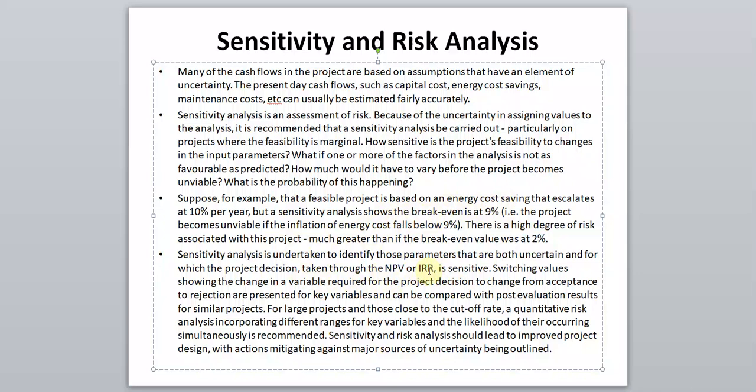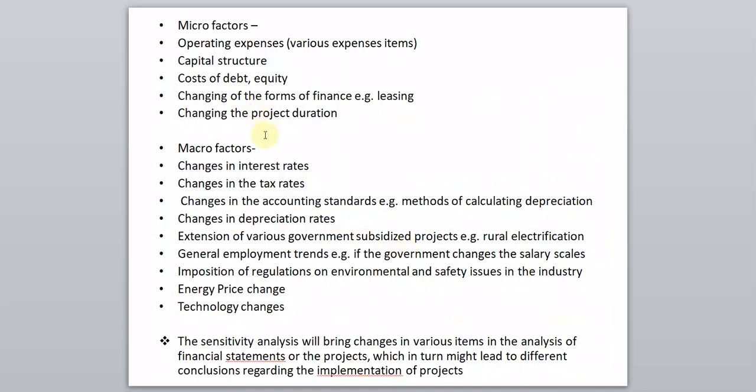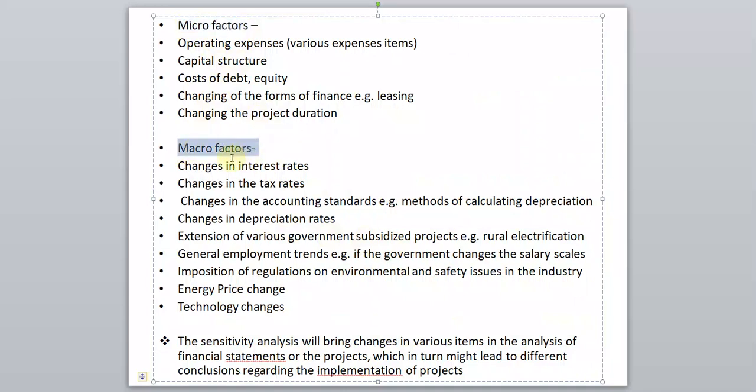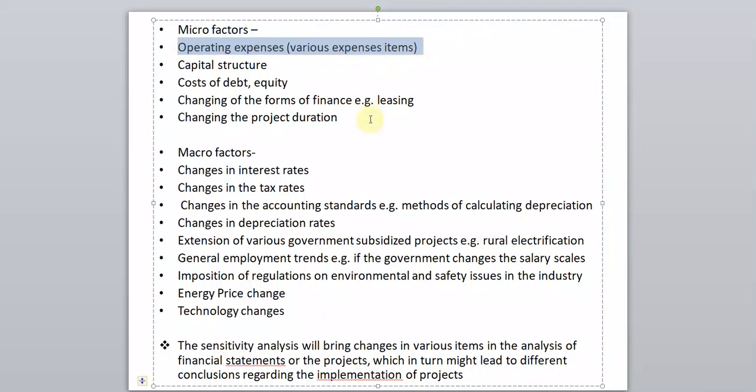Now we are going to see some micro and macro factors. There is a difference in the words micro and macro factors, which incorporate the sensitivity and risk analysis. So there are five micro factors which can alter the sensitivity and also manipulate the risk analysis.